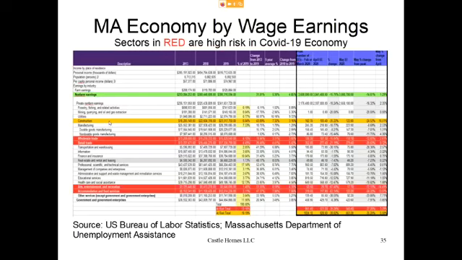I would argue that you could also include construction, and I'll show you why in a minute. So if you just take the at-risk total of the red, it is 13% of the earnings for Massachusetts. If you add in construction, it's 19% of the earnings in Massachusetts for 2019.